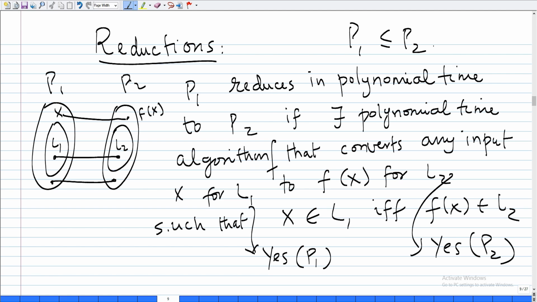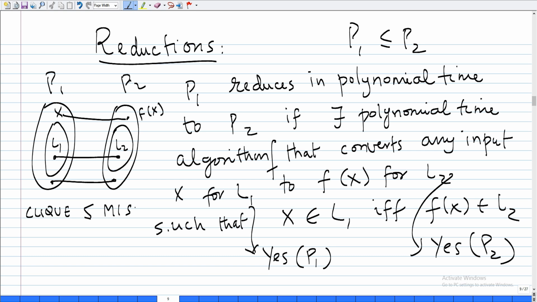How did we reduce clique to independent set? What is the function f? What does the function do? Both have the set of all graphs as the instances.